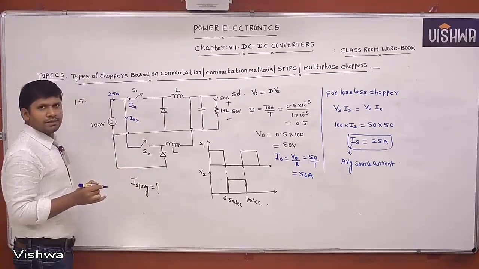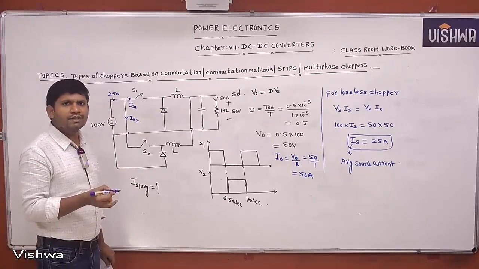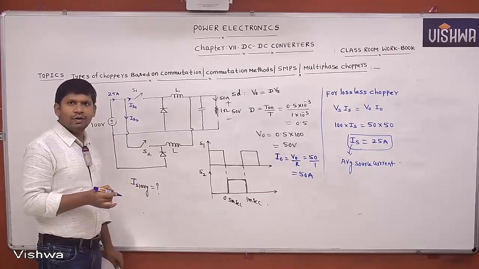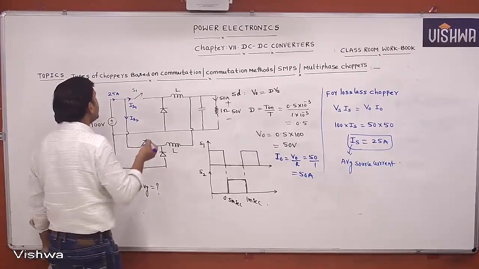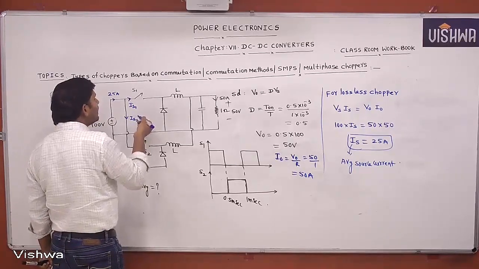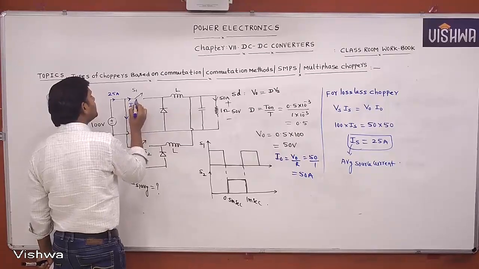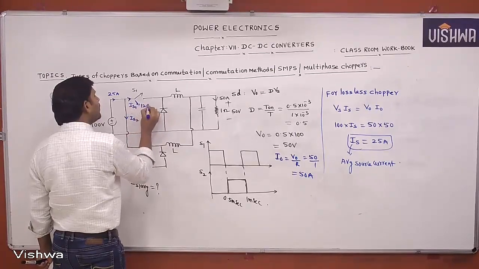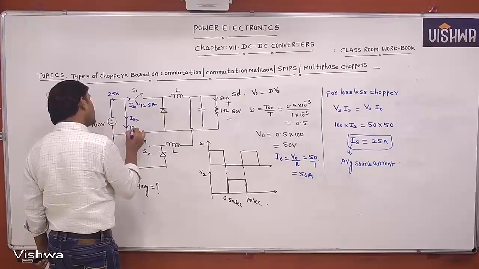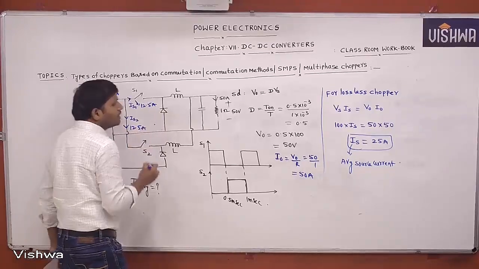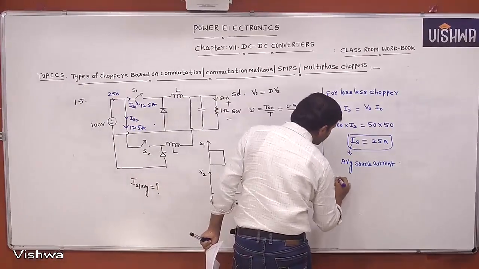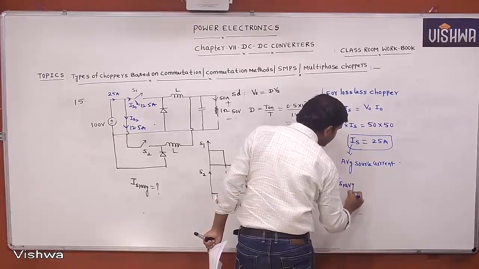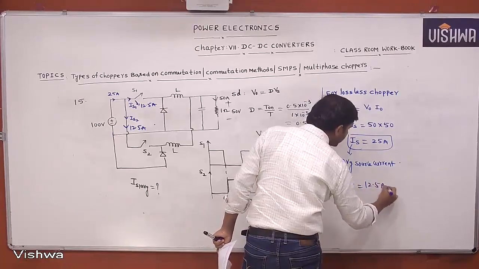It is equally sharing. Load sharing is given as equal load sharing. Equal load sharing means the average value of switch current is, how much we can get, 12.5 amperes. This also 12.5 amperes. Therefore the average value of switch current IS1 average equals 12.5 amperes.